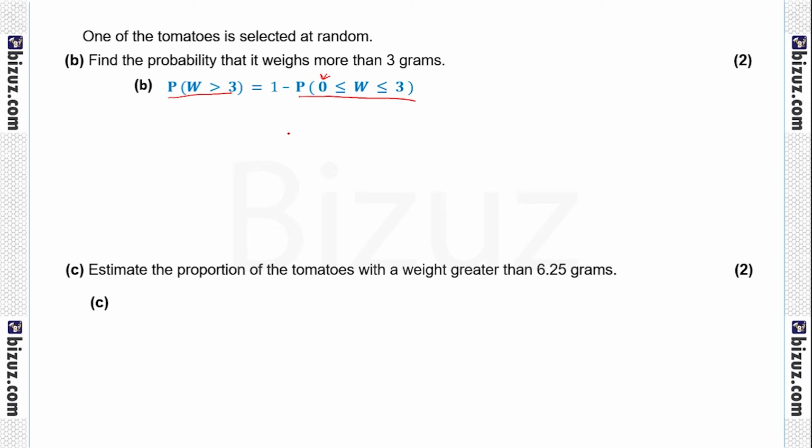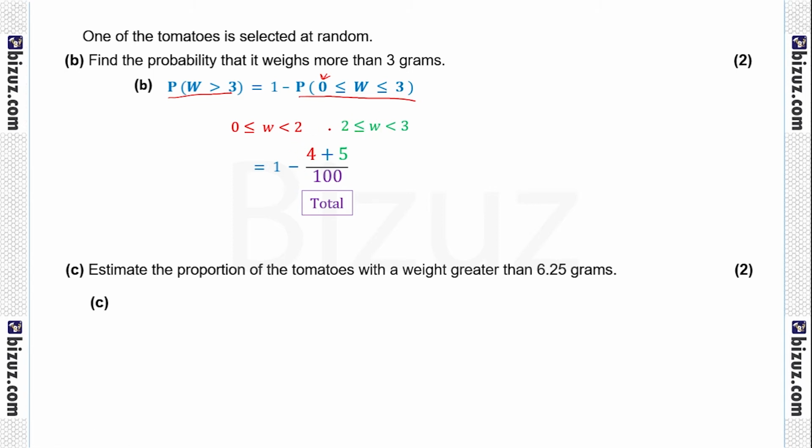All right. So now, the probability of the weight being between 0 and 3 grams is 4 plus 5 divided by 100, because we need to consider the total frequency, the cumulative frequency from 0 to 3. So there are two classes there. From 0 to 2, there's one class, and the frequency of that is 4, as we found in the previous part.